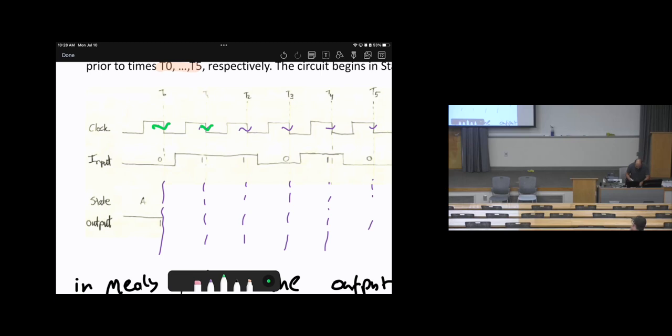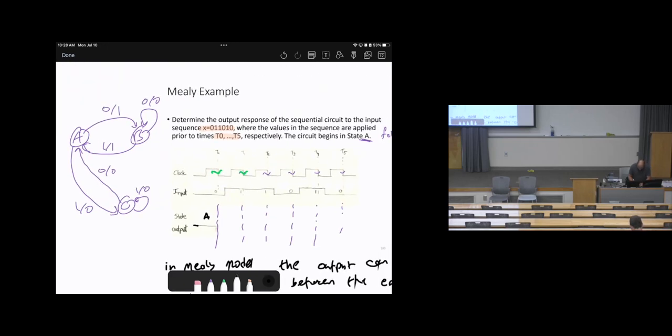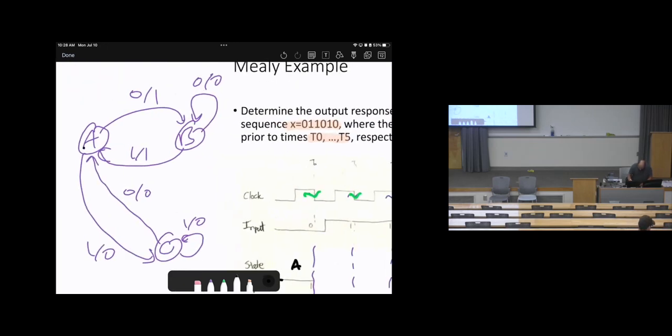So let's assume we have the initial condition, state A. The input is 0. What will happen to the outputs? It will be 1, right? Because the input is 0, the output will be 1.